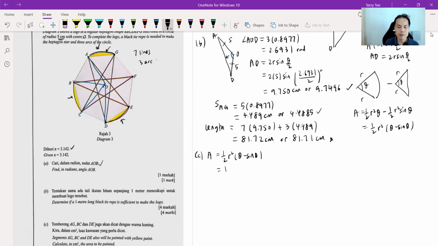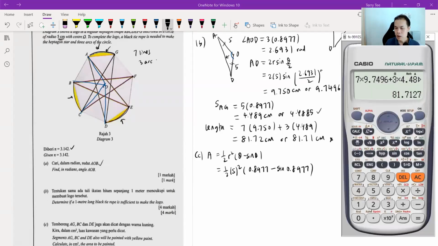All right. Now, my radius is 5, I square it. My theta is now 0.8977, from the earlier part, angle AOB. So I minus the sine of this angle. Let's count. Half times 5 squared times 0.8977 minus sine 0.8977.